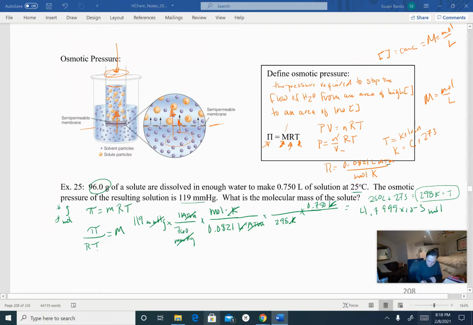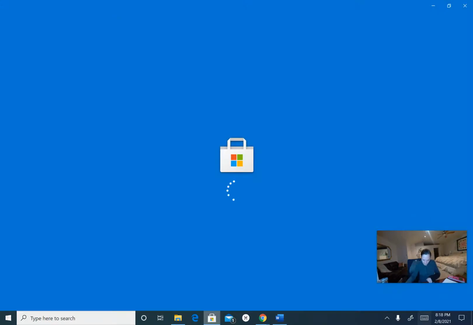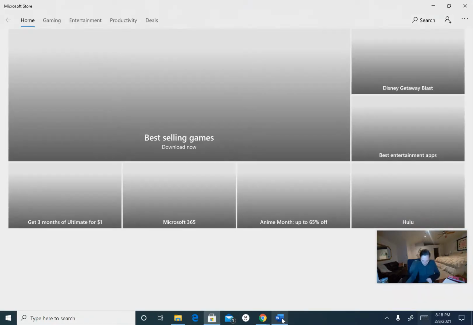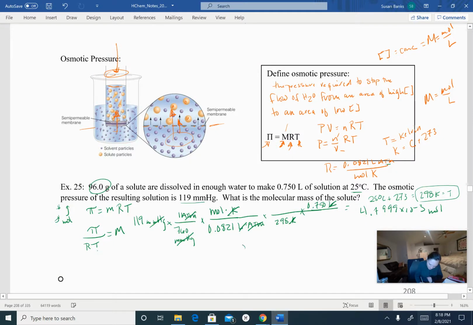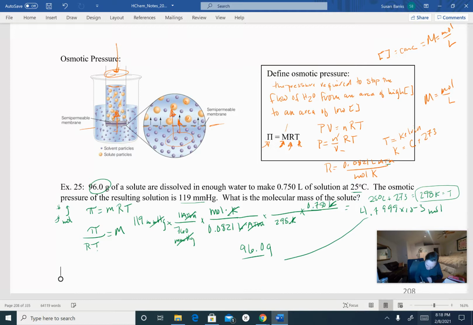So we have 96 grams divided by this number of moles, 4.799 times 10 to the negative 3. I'm going to invert that and multiply by 96.